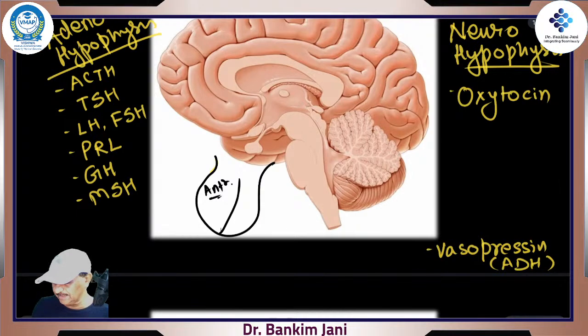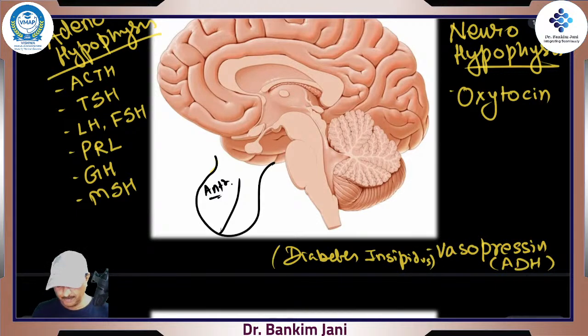Any deficiency of it leads to diuresis, and that is what is called as diabetes insipidus, right? Diabetes mellitus, mellitus means sweet, so that is related to the blood sugar level. This is diabetes insipidus. Okay, in endocrine, we'll discuss about it.